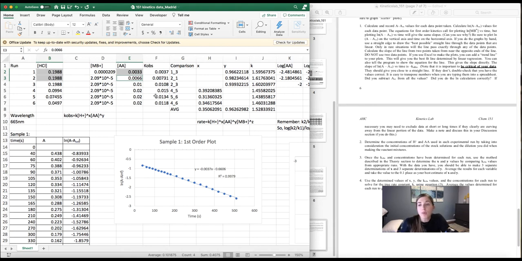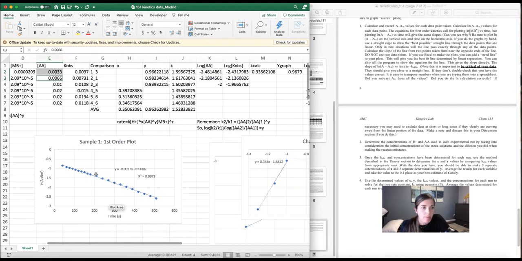Okay, so before we actually do that calculation, let me show you how this is laid out. I'm going to scroll over. So next to all the concentrations over here to the left, I have a column that is labeled comparison, just so I know what different determinations or runs I used in my comparisons. And then I have a column for X, so determining what the order of X is.